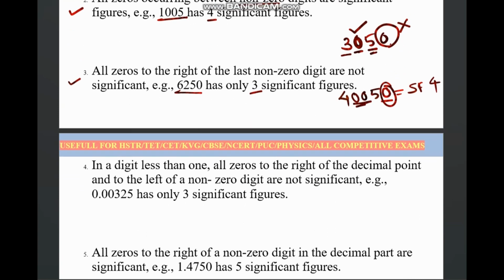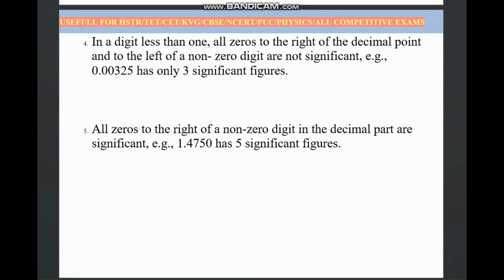Next, we will see rule 4. In a number less than 1, all zeros to the right of the decimal point and left of the non-zero digits are not significant. For example, see here, 0.00325 has only three significant figures. Means this previous 0 and these two zeros are not required for my calculation, or I can write this in terms of powers.